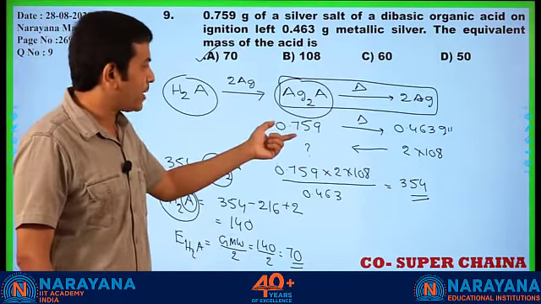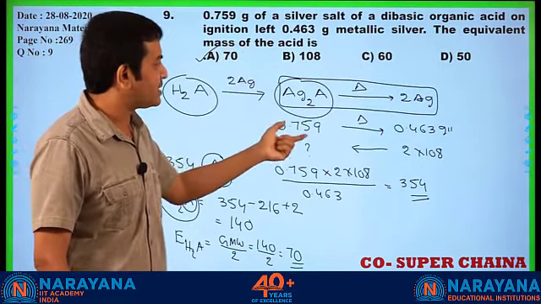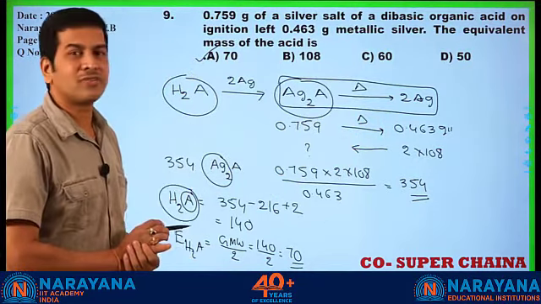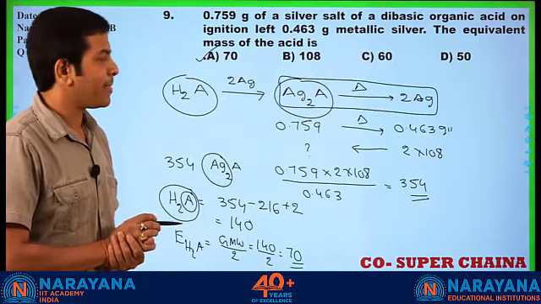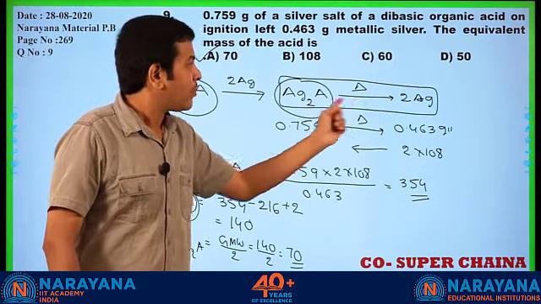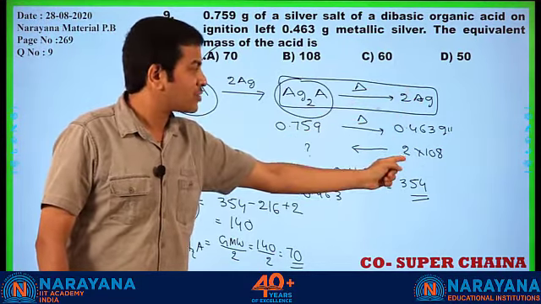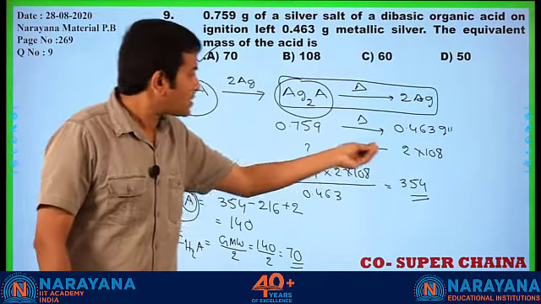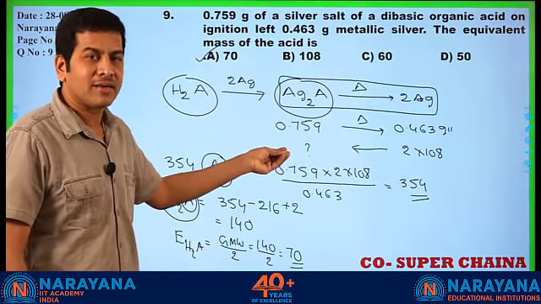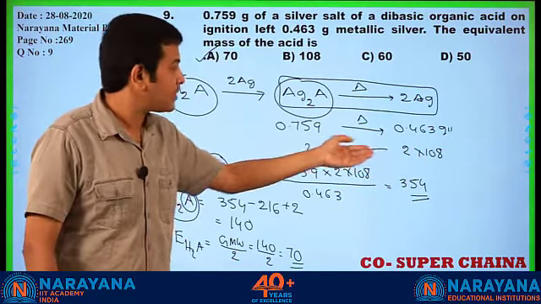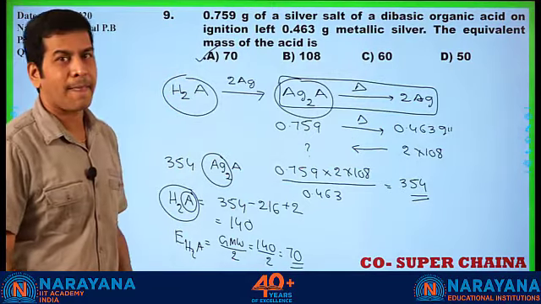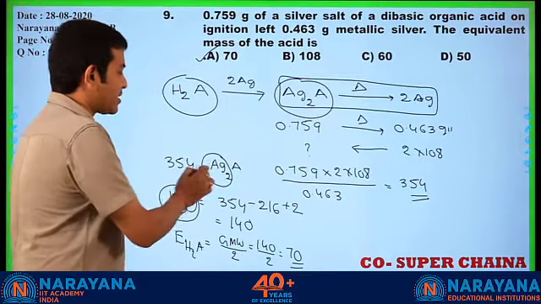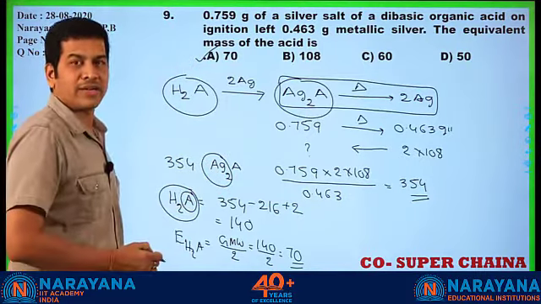Now 2 moles of Ag means 2 into 108 grams. 2 moles of Ag deposited from how much Ag2A? After calculation, you will get 354.